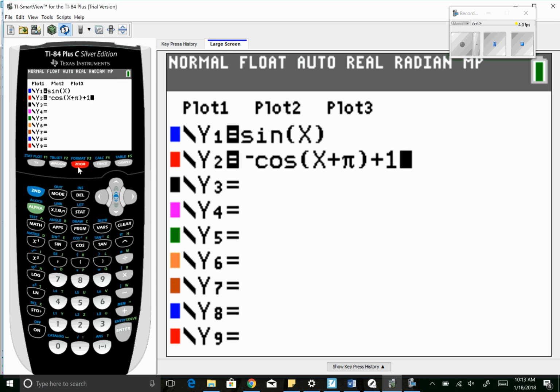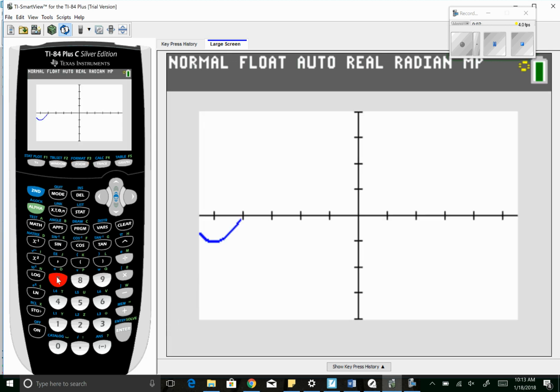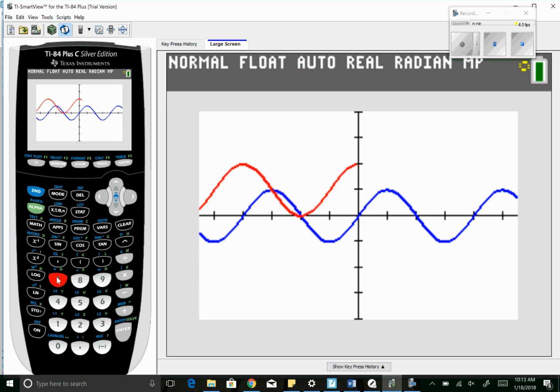Remember, when you graph trig functions, you want to be in radians, and you want to use zoom trig. So that blue graph, that's going to be the sine function. And this new red graph is going to be that cosine function.